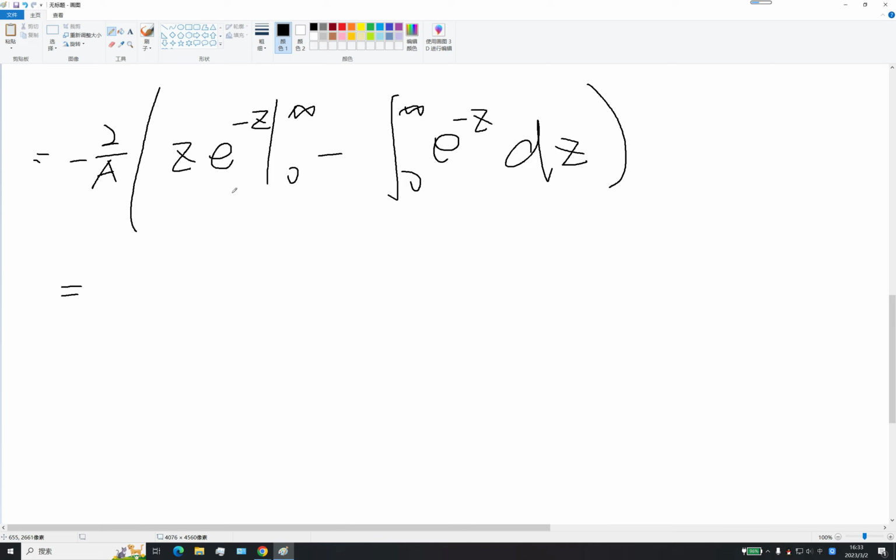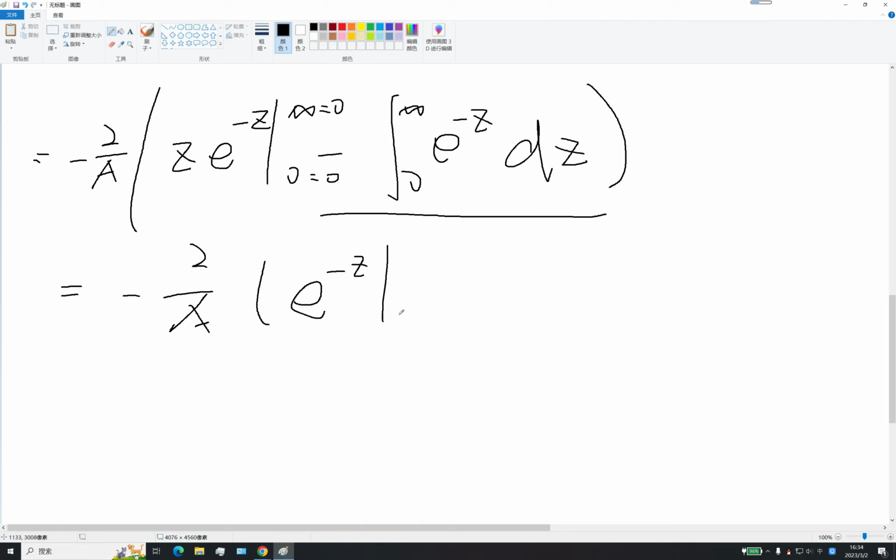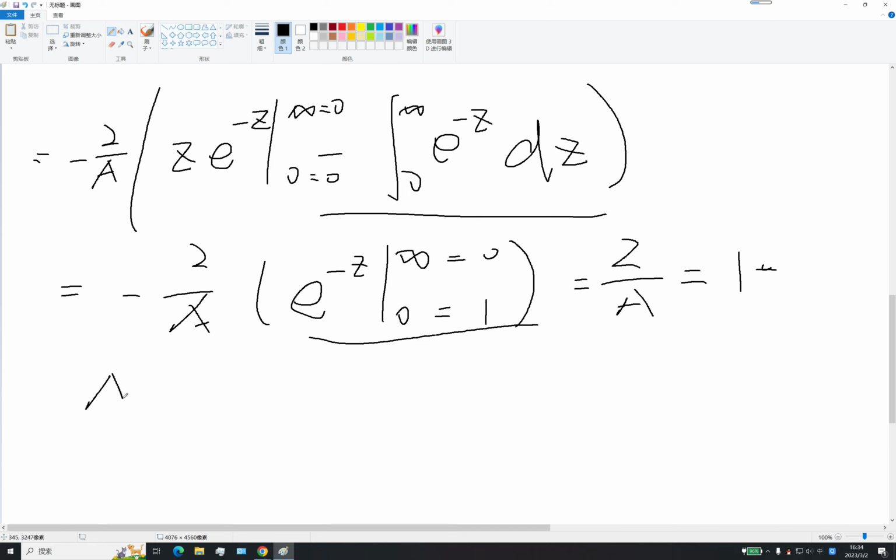When we calculate this, we know that this is 0, this is 0, and this side is e to the minus z from 0 to infinity. So this is 0, this is 1. So this is minus 1, and multiplying, we get this as 2 over a. So 2 over a equals 1, and we get a equals 2. This is the answer to question 2.